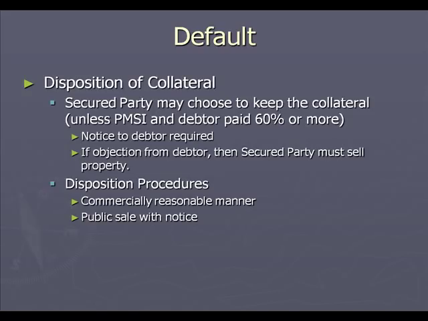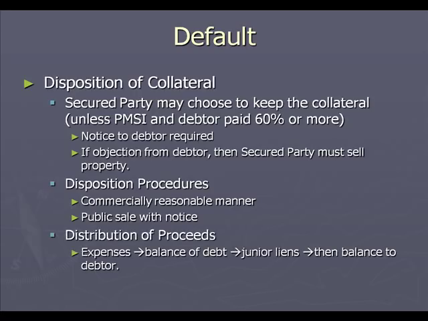That would not be a commercially reasonable manner. Once they've gone through the process of making sure that they sell it in a commercially reasonable manner, that doesn't mean they have to get fair market value. There's a recognition that the bank isn't going to go through the same process and steps that you might if you were selling your own car to try to get value.